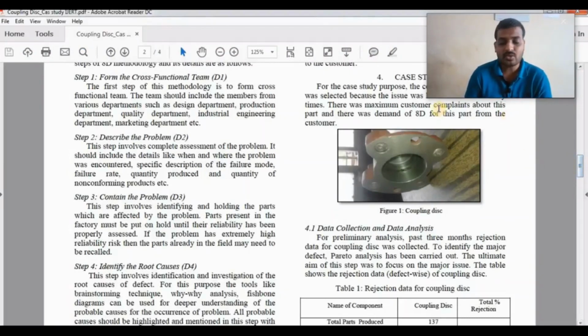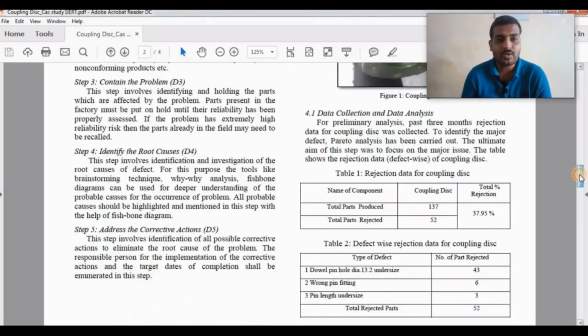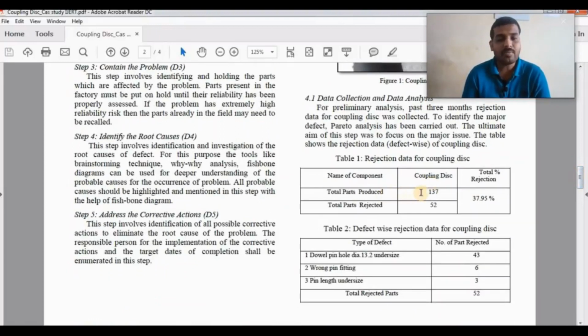Here you can see the total number of parts produced is 137 and parts rejected are 52. It means the percentage rejection is around 38%. Then they categorized the rejection into various defects like dowel pinhole dia 13.2 undersize, wrong pin fitting, and pin length. With this they created the Pareto chart.